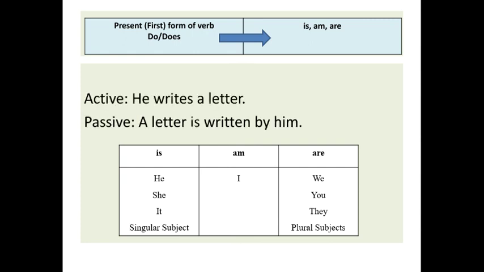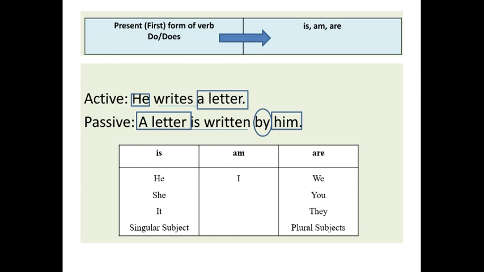In passive, it will become a letter is written by him. In active, you can see there is the first form of the verb write. So in passive, we use is with the third form of verb, written. He is changed into him. A letter becomes the subject of the passive, and by is used before him.